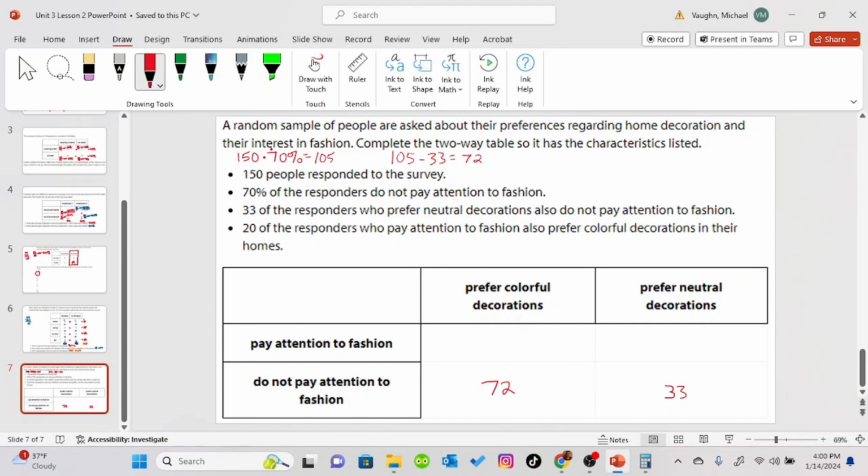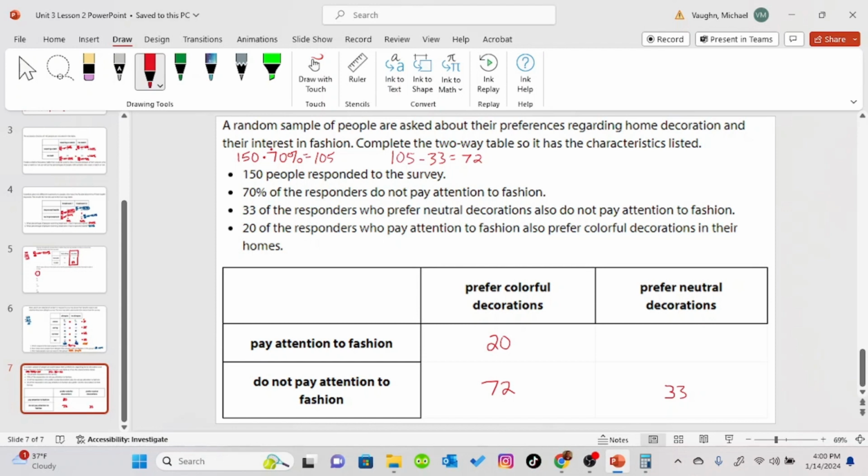And finally, 20 of the responders who pay attention to fashion also prefer colorful decorations in their homes. So this would be 20 in the top left box.